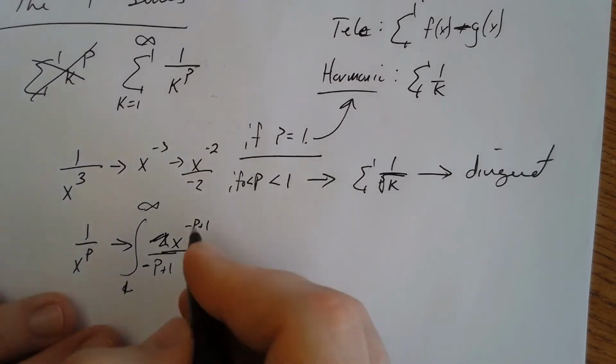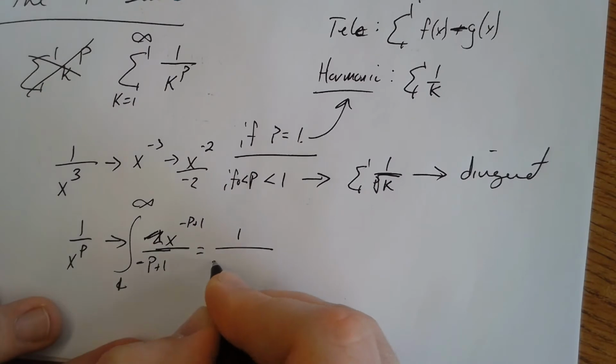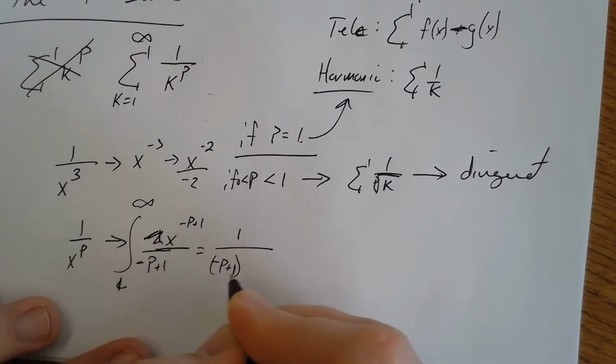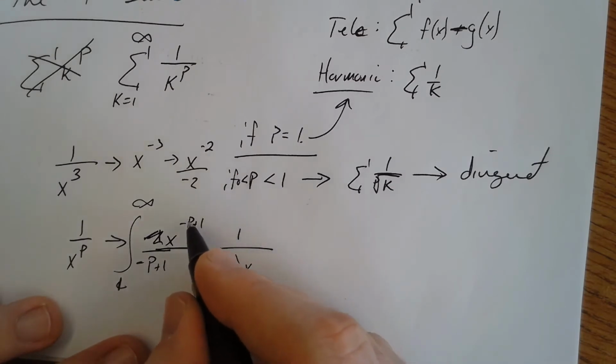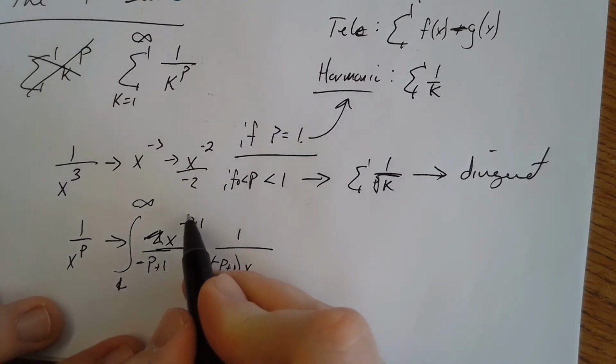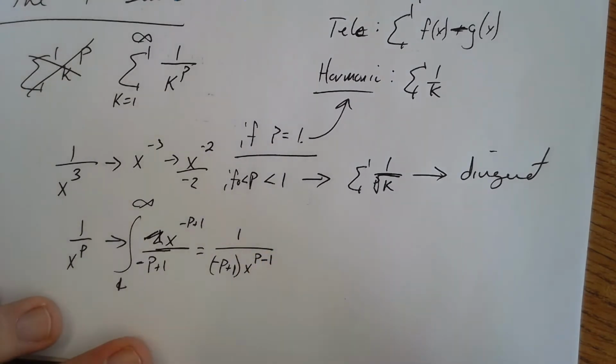So unlike the previous examples, and I'm going to go ahead and write this down, this is the same thing as 1 over negative p plus 1 times x to the, and I'm going to move it down to the denominator, but by moving it down to the denominator, that negative shifts and that positive shifts, so it becomes p minus 1.